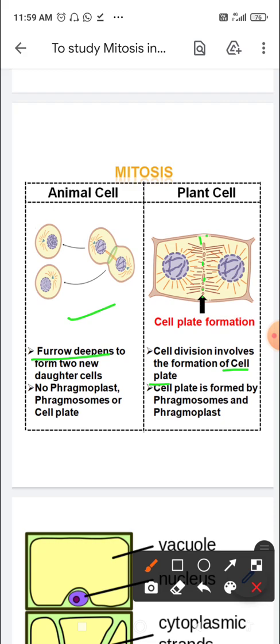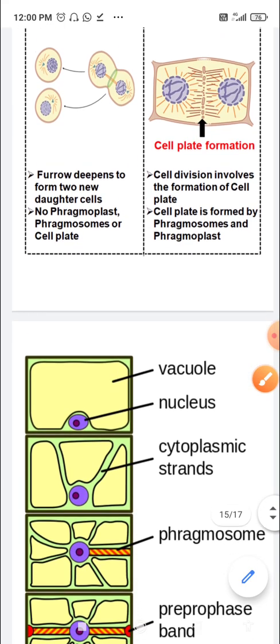Now what is this cell plate made up of? It is formed by phragmosomes and phragmoplast, whereas these are not present and there is no cell plate formation that takes place in animal cells. Now what are phragmosomes and phragmoplast?